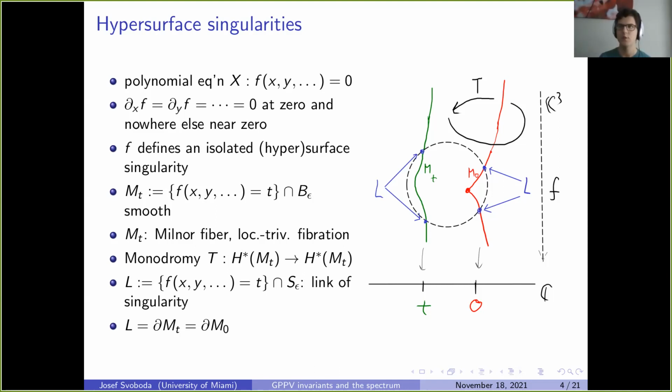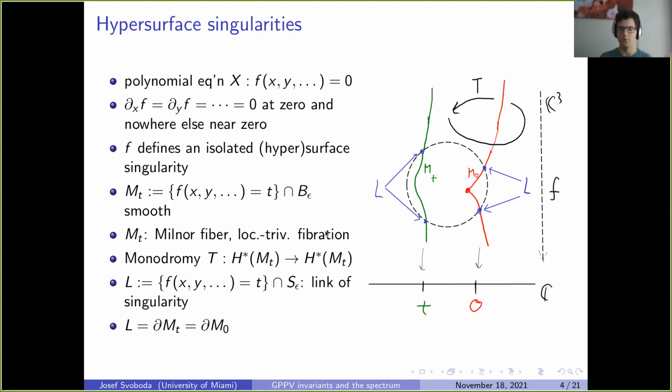A mixed Hodge structure has two filtrations. One is the usual Hodge filtration. The other one is the weight filtration. It mixes Hodge structures which live on the first, second, third cohomology together, so it mixes various degrees of cohomology.